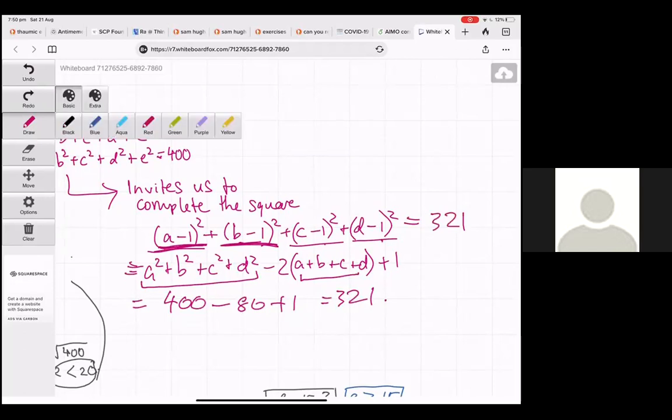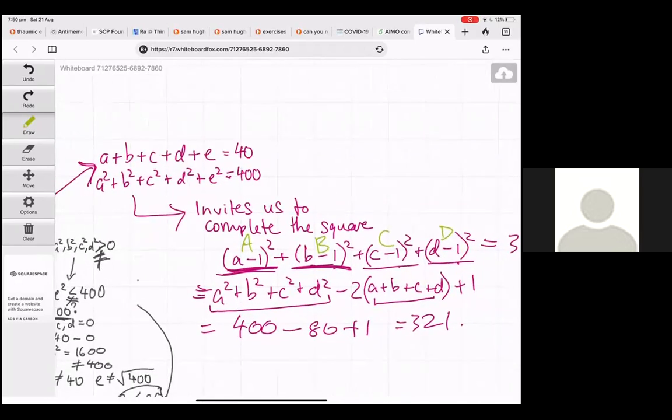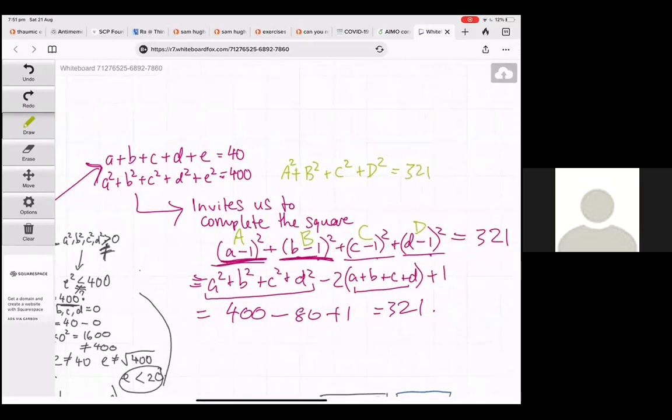And if I start to rename everything and call this big A, big B, big C, and big D, then it kind of goes back to the beginning, doesn't it? We've got new equations that look really similar, but with new variables. A squared plus B squared plus C squared plus D squared equals 321, where A is actually small a minus 1, and so on.